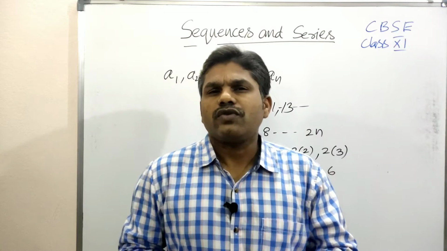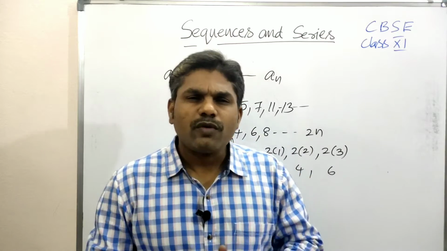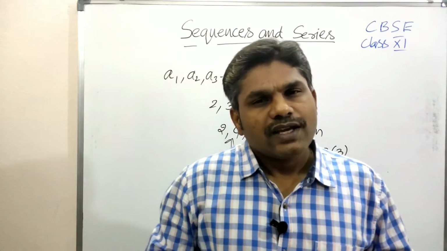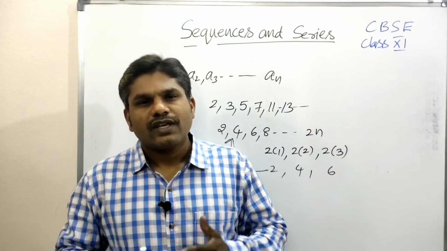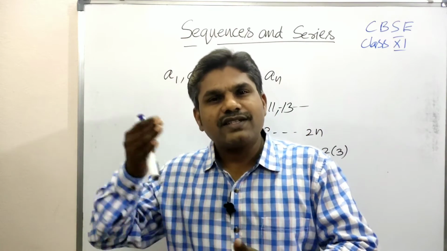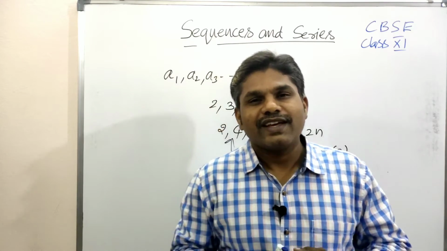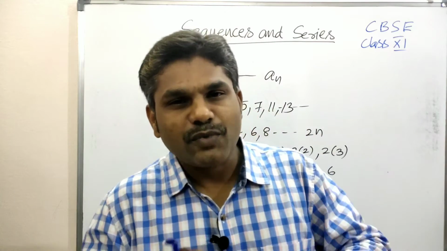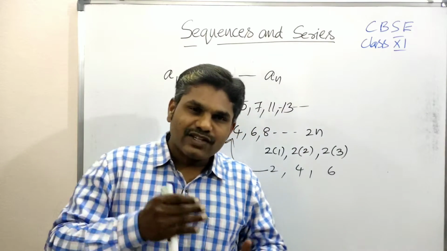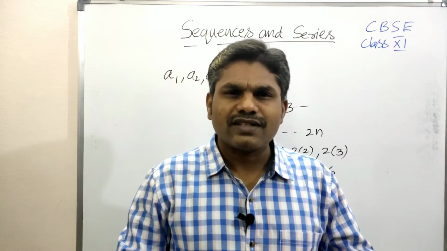I will give you a real life example. The human population is increasing year by year. This year its number is something, and next year its number will increase. If you take India, generally the population has been increasing. Would you find any formula for this?